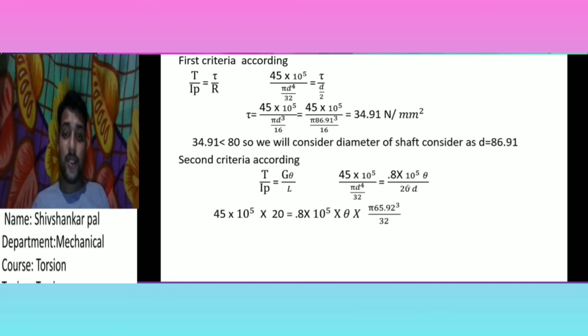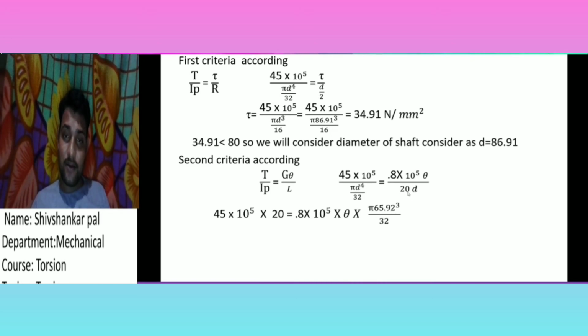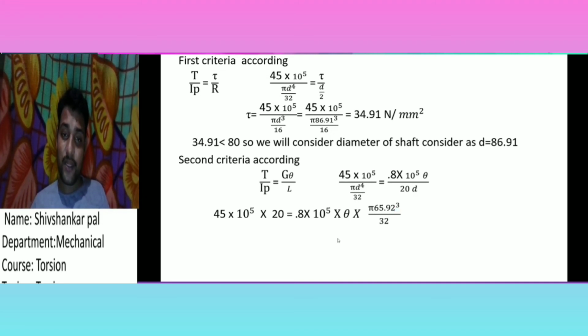When I put this theta is equal to 65.92 square, this d cancels, 20 goes to this side, and all this term goes to this side. So you will write 0.8 multiplied by 10 to the power 5 into theta into pi into d cube, 65.92 cube divided by 32, and 45 into 10 to the power 5 into 20.